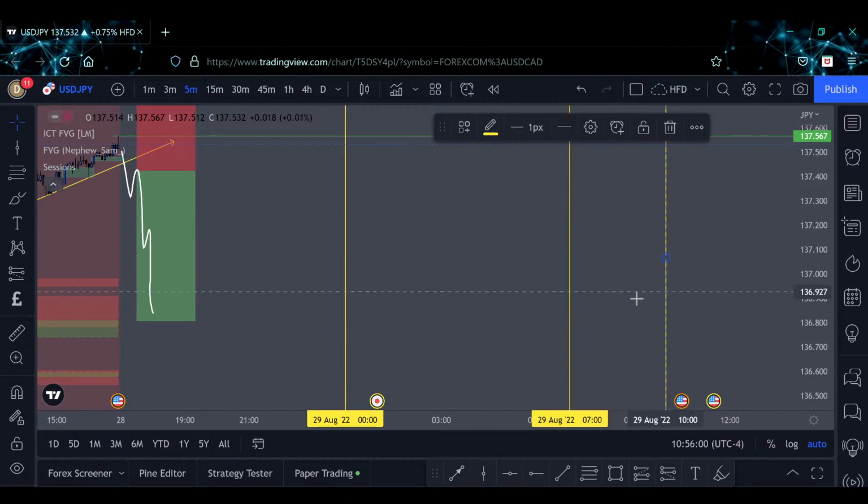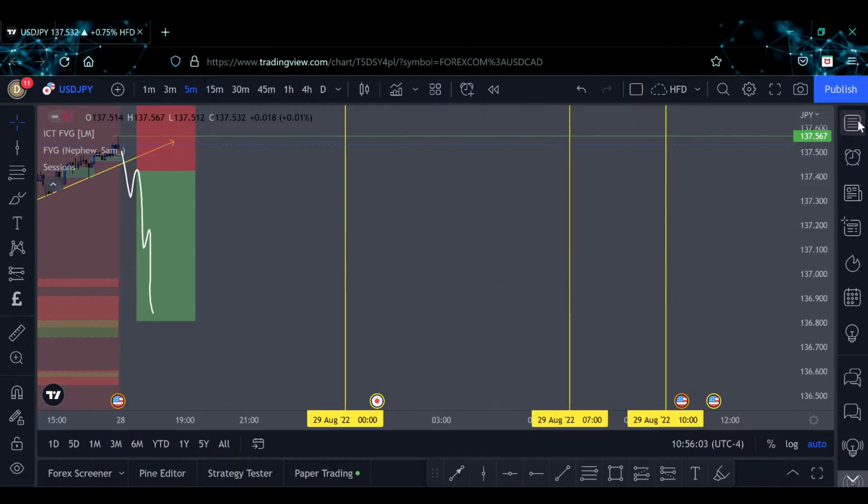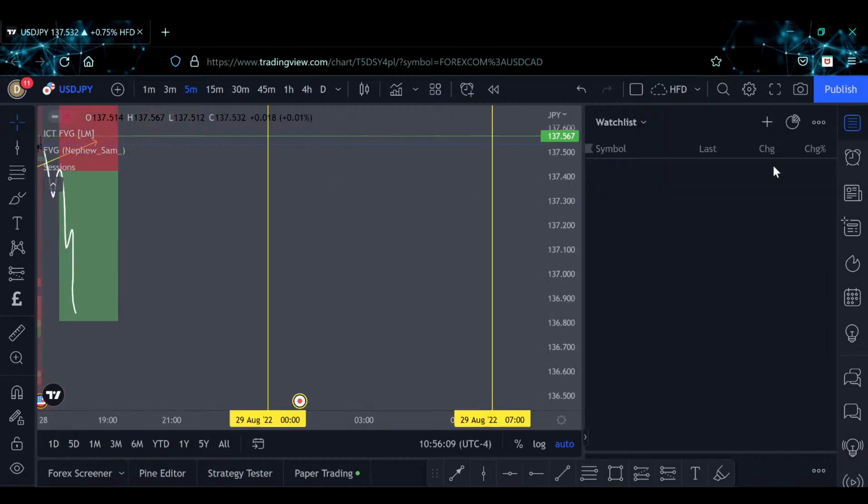Seven, 10. So let's just mark out the midnight candle, New York kill zone time.